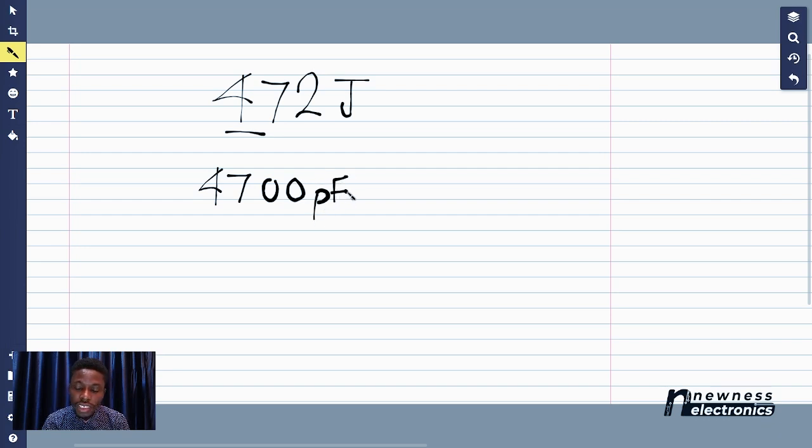If you want to convert this to microfarad, you count 6 steps backward. From this point, 1, 2, 3, 4, that's 0.4, 5, 0.04, 6, 0.004. So that will be 0.0047 microfarad.